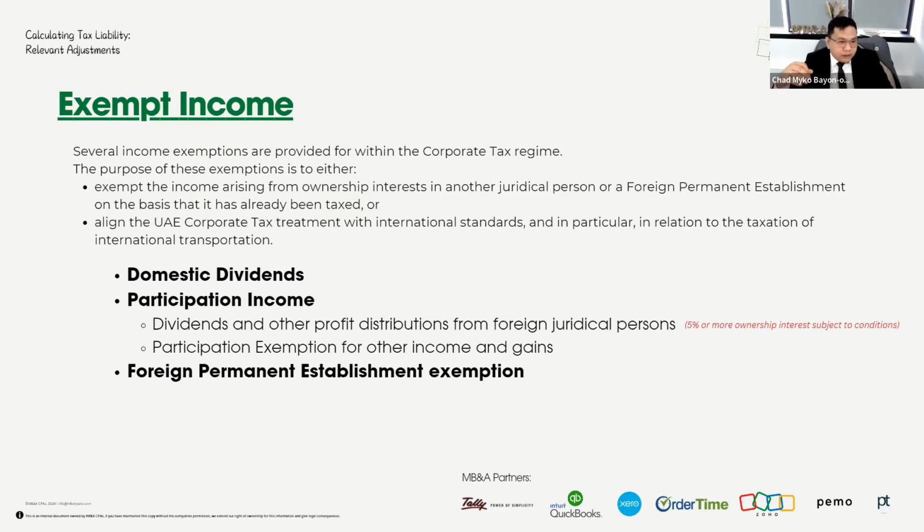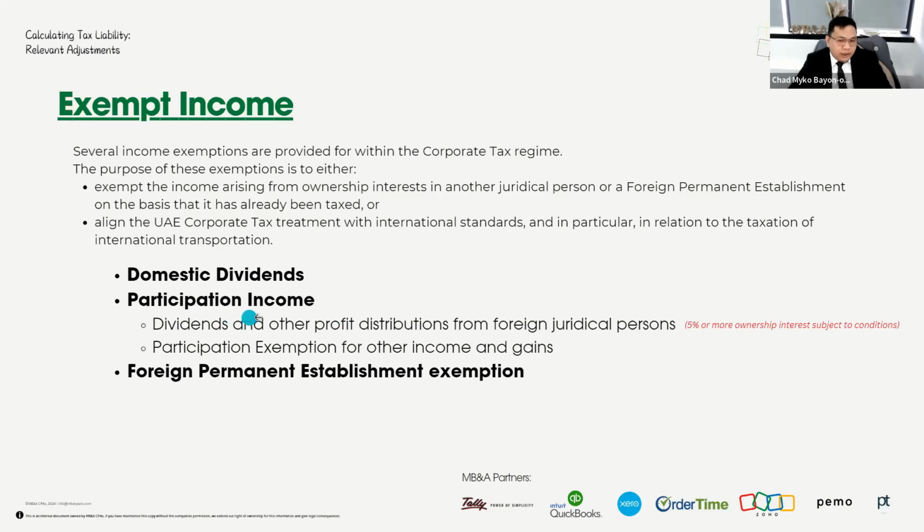So the exempt incomes that we have are the domestic dividends and the participation income. So technically, these two are related to dividends. Okay. So for domestic dividends, automatically, all domestic dividends that we have received will be adjusted and will not be included as part of the taxable income.